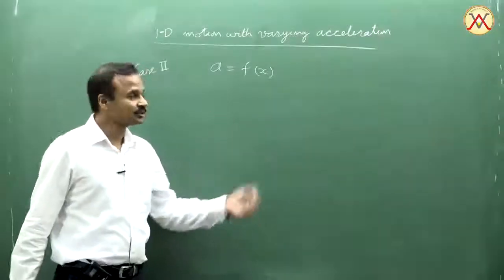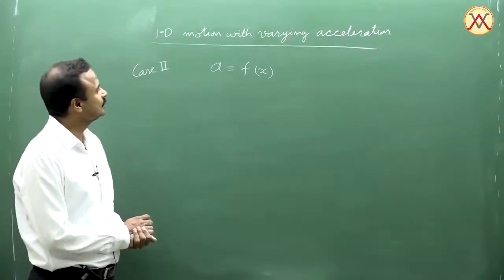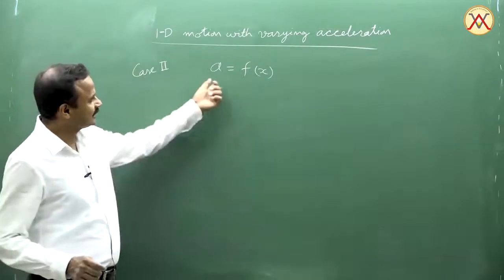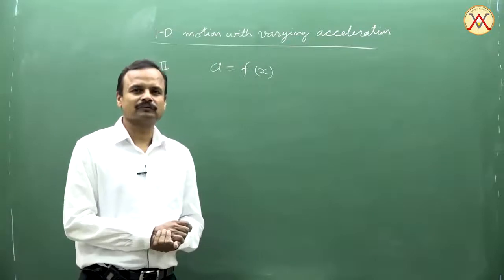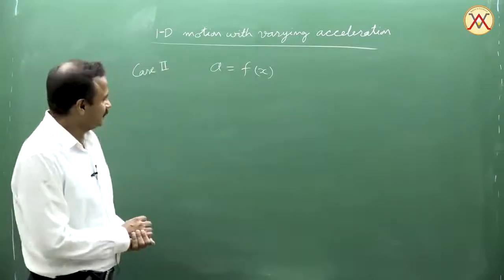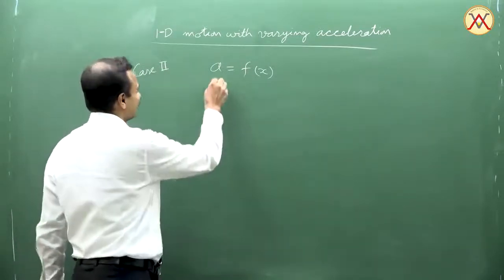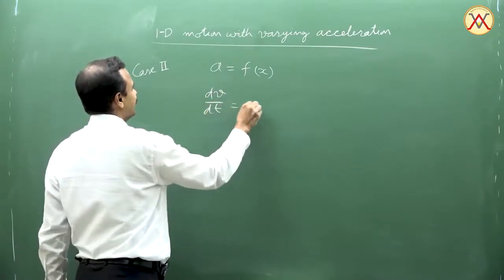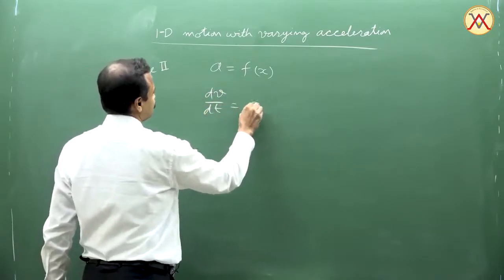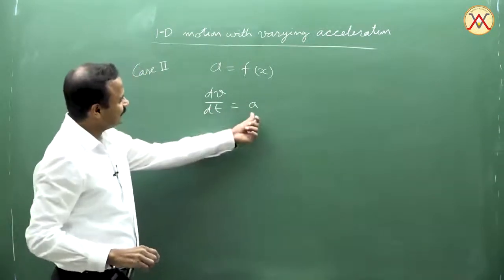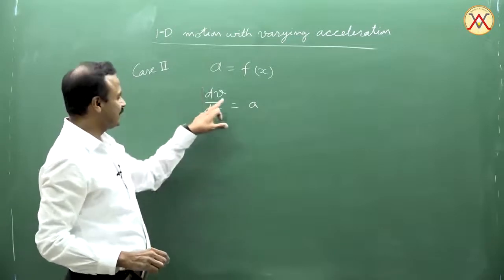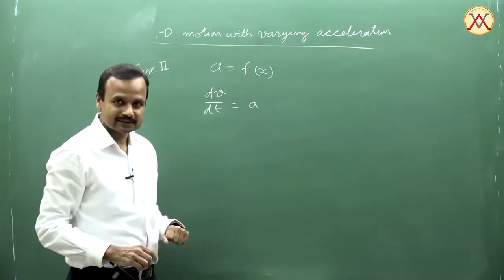The second case of acceleration of 1D motion with varying acceleration. Here acceleration is given as a function of x. If acceleration is given as a function of x and we write acceleration as dv by dt, there will be a trouble. Because if acceleration is a function of x, here we have 3 variables v, t and x.